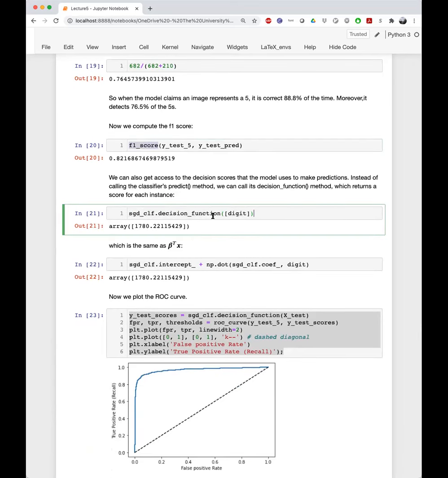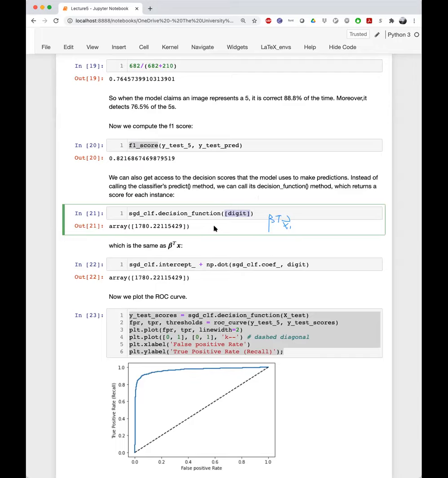All right, so we can also get the decision function, which is actually the score. If we want to look at the score, this is how you get it. For example, for the first instance, you can get the score. Again, what is the score in this case? That's beta transpose x1, in this case the first instance. That's the linear regression part.